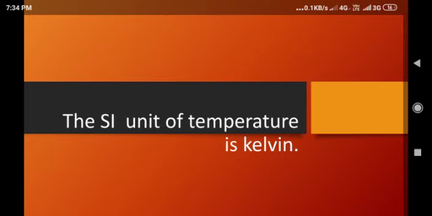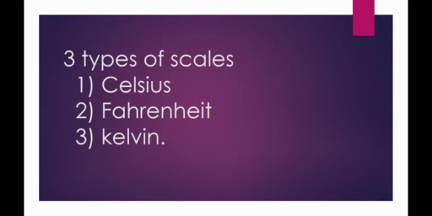Thermometers are used to measure the temperature directly. Three types of scales are: first one is Celsius, second one is Fahrenheit, third one is Kelvin. See again, Celsius, Fahrenheit and Kelvin.